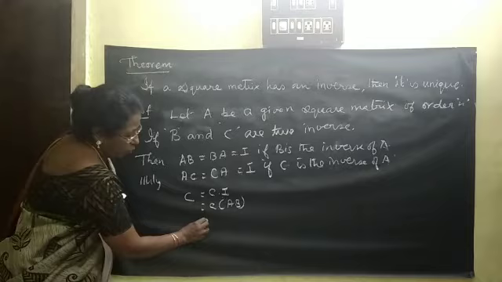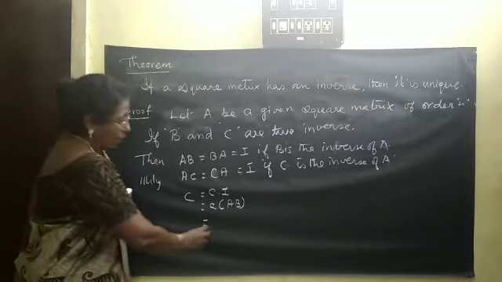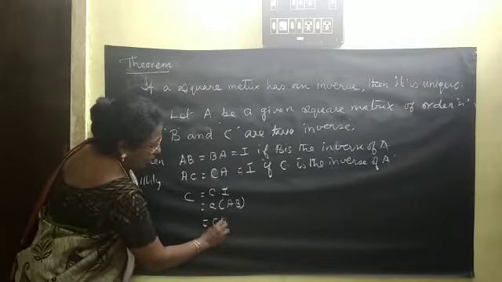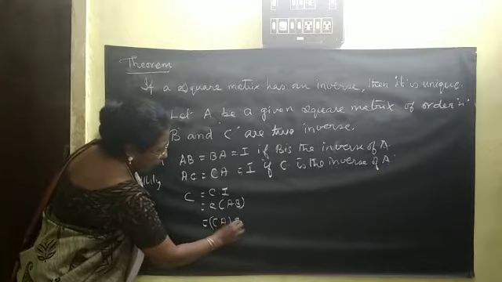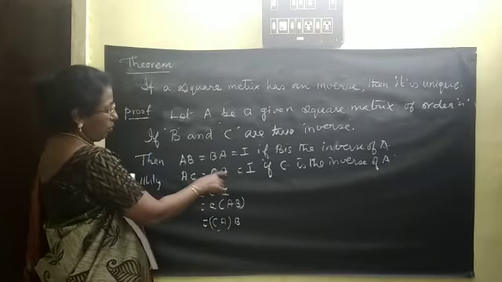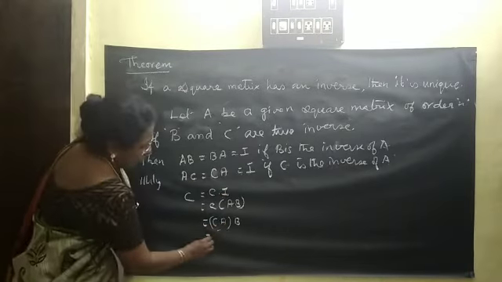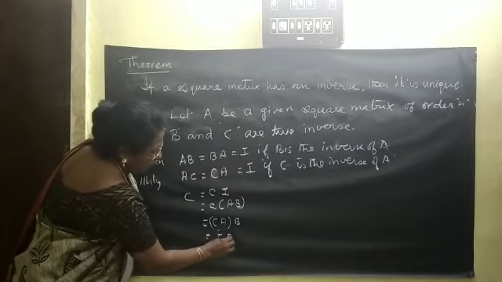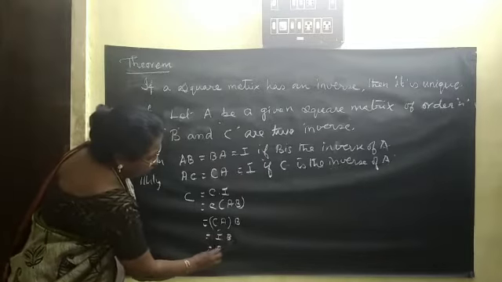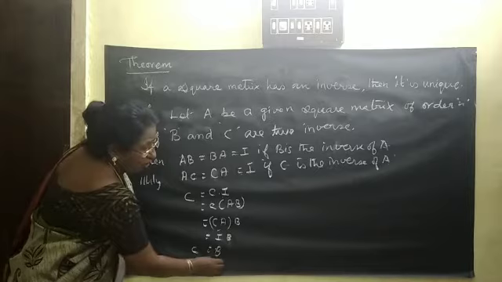Using the associative property, it can be written as CA into B. Now, CA is nothing but I. So, this is equal to IB. IB is equal to B, which indicates C is equal to B.